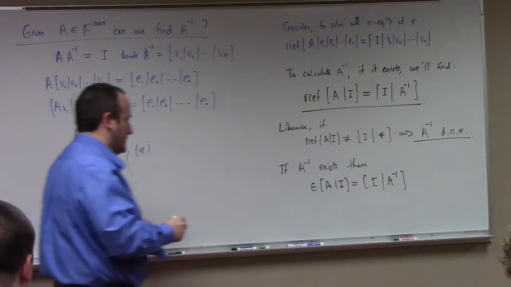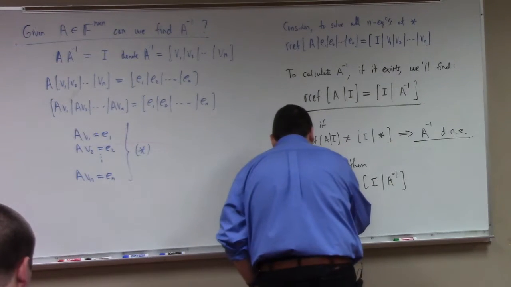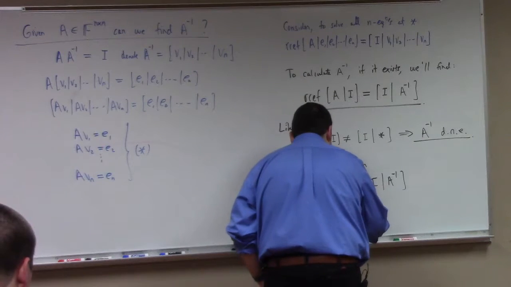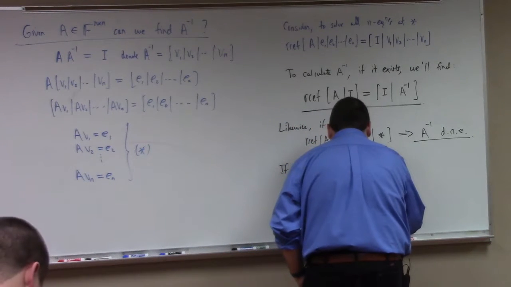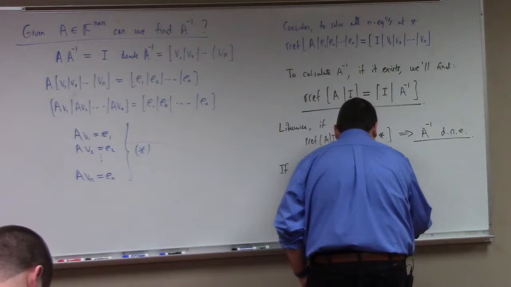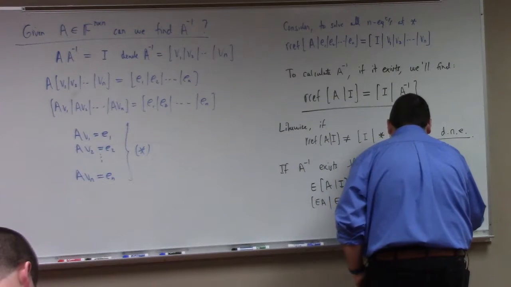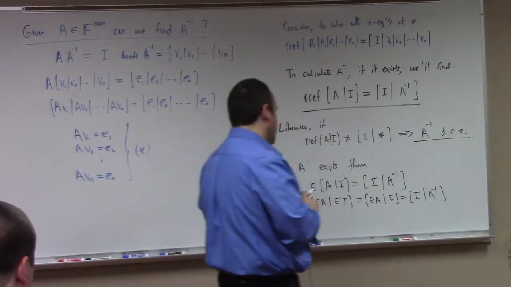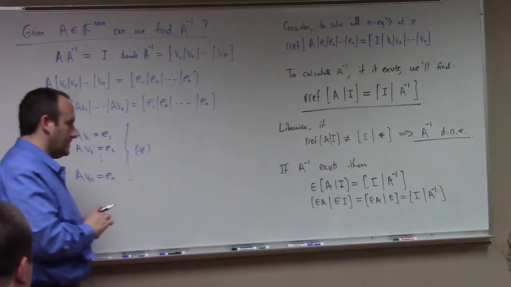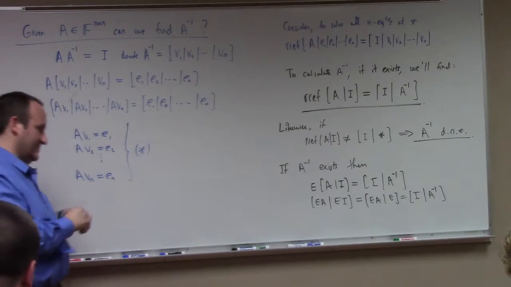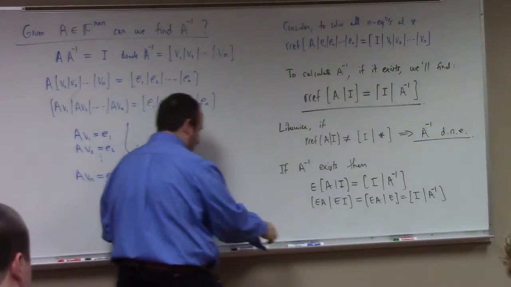The column by column matrix multiplication says that this is EA and then EI, which is also known as EA, E equals I, A inverse. So what does that tell you? I'm assuming A inverse exists.